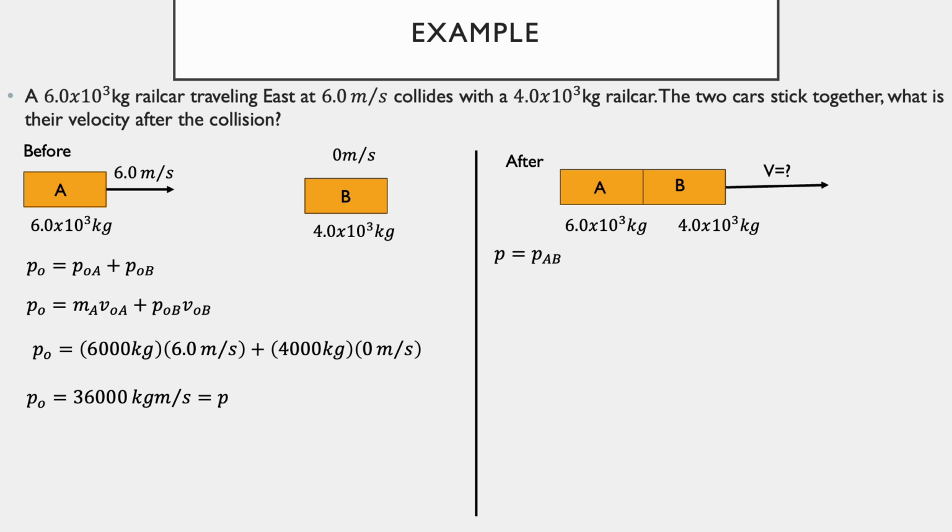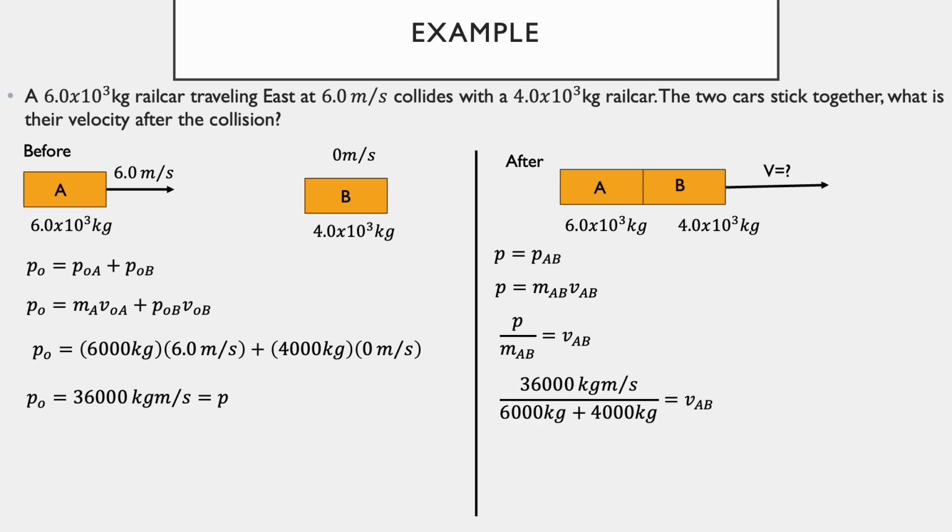So momentum afterwards is just equal to momentum of A and B combined. We can substitute in mass times velocity for that. And then we want velocity on its own, so we'll divide both sides by MAB. Fill in our values, so we have our final momentum, which we already calculated. And then the mass of AB is our 6,000 kilograms plus our 4,000 kilograms. And we get an after collision velocity of 3.6 meters per second.